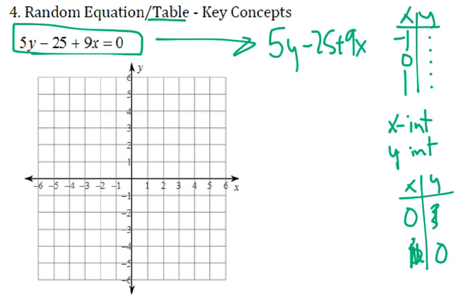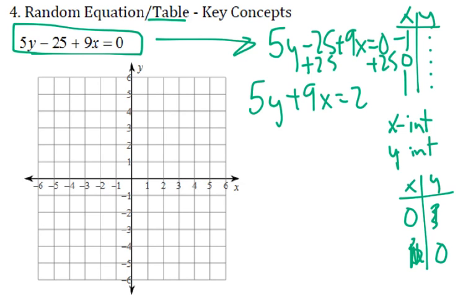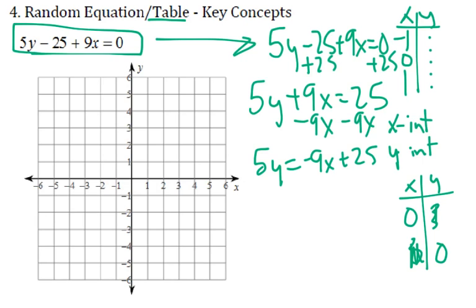Okay, on this one, I'm just trying to get the Y by itself. So I could add 25 to both sides, giving me 5y plus 9x equals 25. There's standard form. Then subtract 9x. 5y equals negative 9x plus 25. Divide everything by 5. And I get y equals negative 9/5 x plus 5.